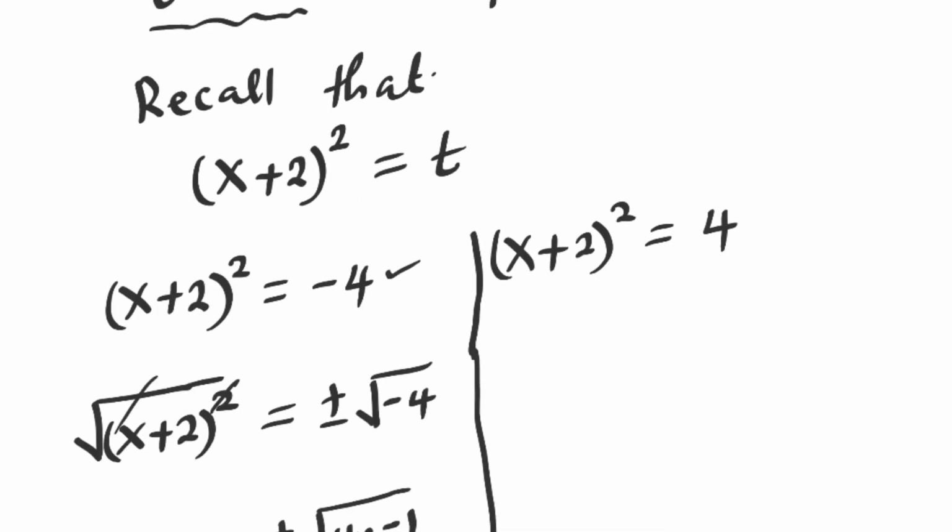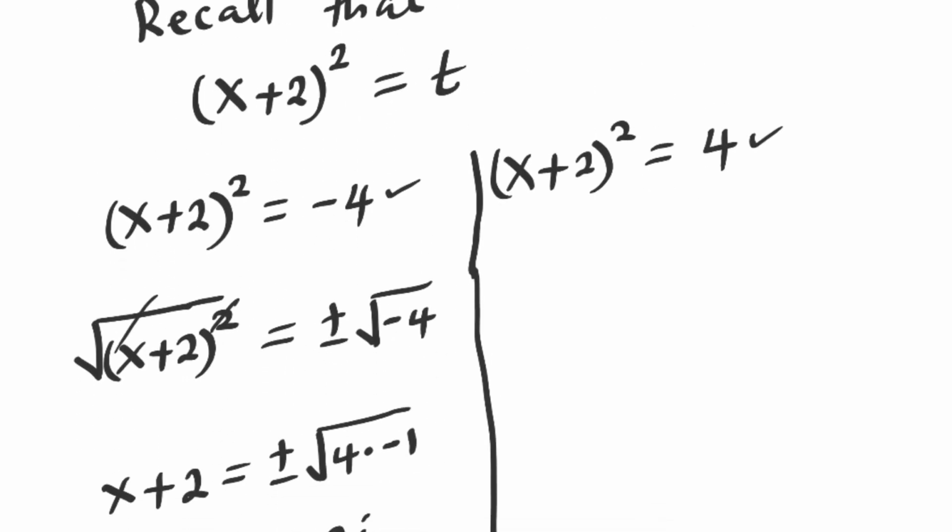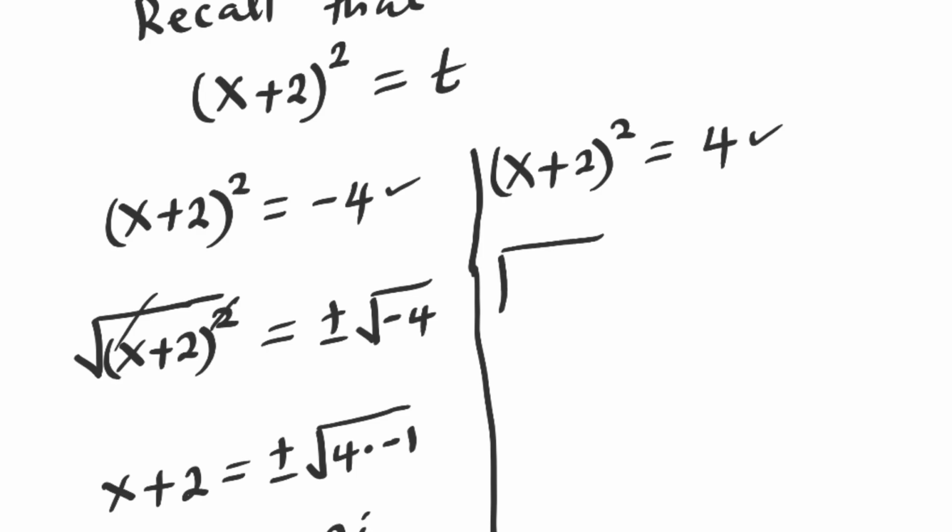Then from here, if you take the square root of both sides of this equation, we have the square root of (x + 2)^2 is equal to plus or minus square root of 4.